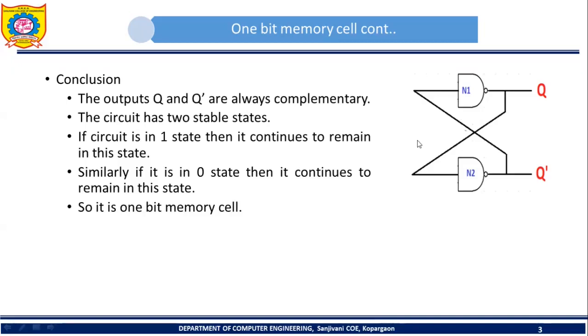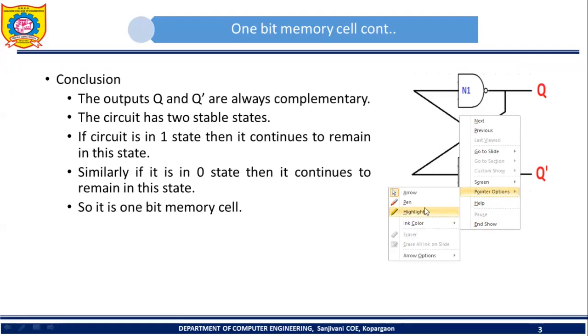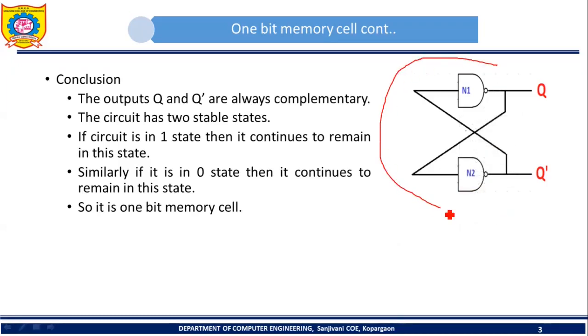So in other words, I can say that this particular circuit acts as a 1-bit memory cell. In this circuit, if I store 0, then that 0 will remain as it is. Later on, if I store, suppose, 1, then that 1 will remain as it is. It is not going to change. So that's why it is a 1-bit memory cell.